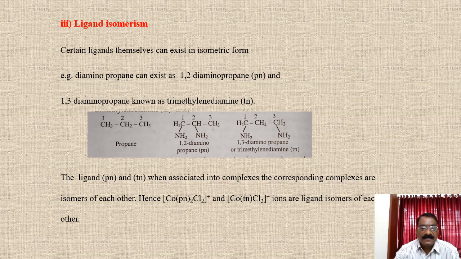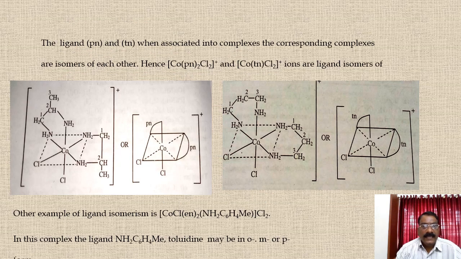hence [Co(pn)2Cl2]+ and [Co(tn)2Cl2]+ are ligand isomers of each other. The ligands 1,2-diaminopropane and 1,3-diaminopropane, when associated into complexes, give the corresponding complexes represented here. See, they are the isomers of each other.